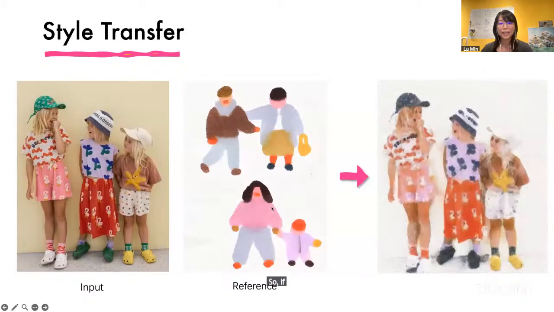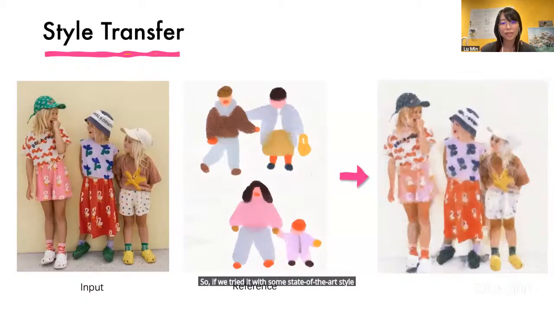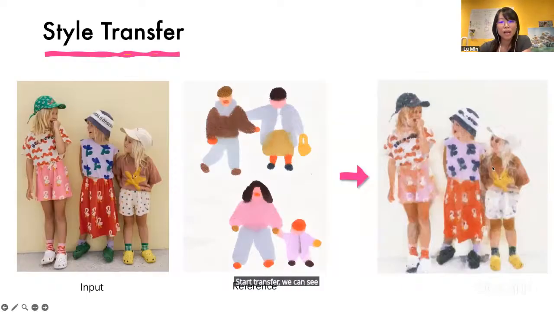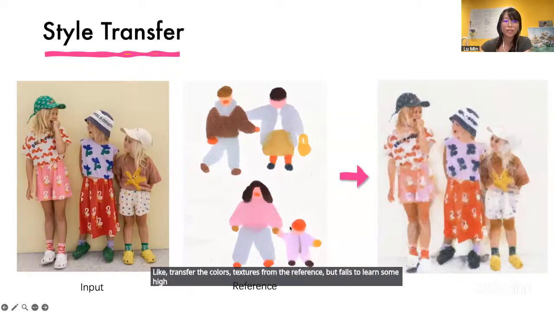If we try it with a state-of-the-art style transfer method, this is one of the results generated by StyleID, which is a SOTA method in style transfer. We can see that basically they transfer the colors and textures from the reference, but fail to learn some high-level abstractions.